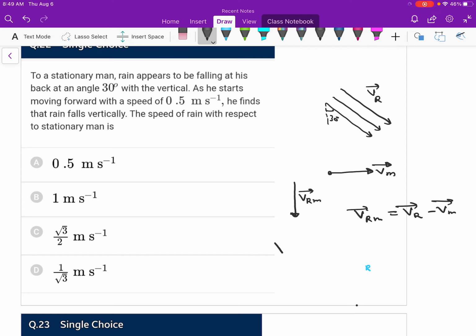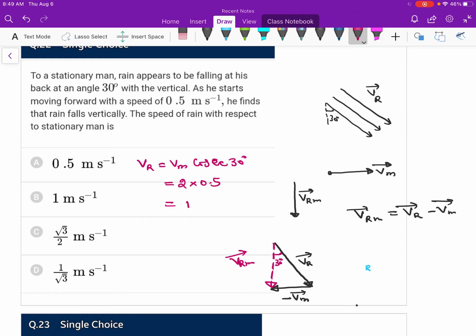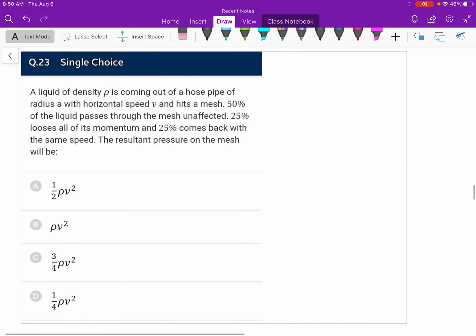So Vr is at 30 degrees from vertical, minus Vm, and this is velocity of rain relative to man, this angle is 30 degrees. So Vr is Vm cosec 30 degrees, that is twice of 0.5, so 1 meter per second. So 1 meter per second is the correct option.